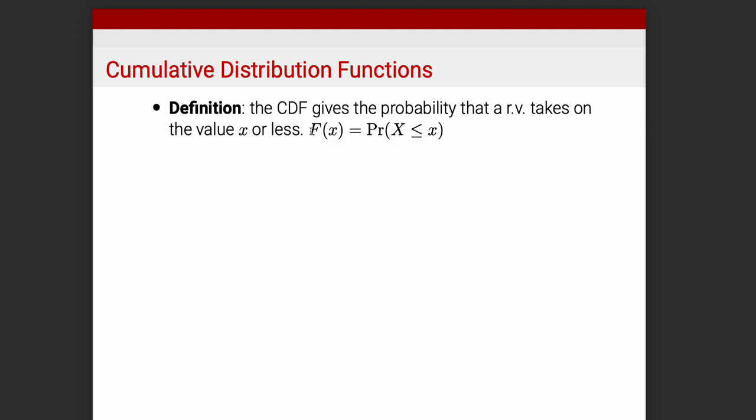But the basic idea is that X can take on a lot of different values, and what we're going to do through the cumulative distribution functions is quantify the probability that this random variable takes on a value of X or less.